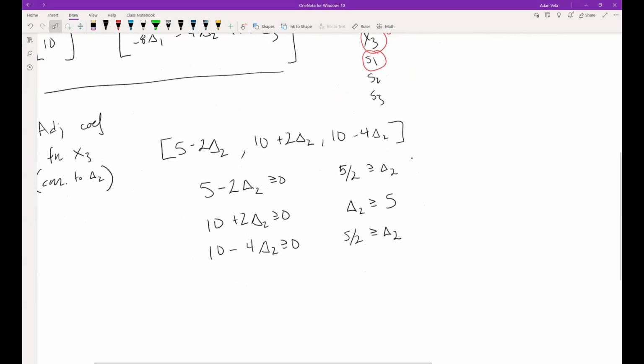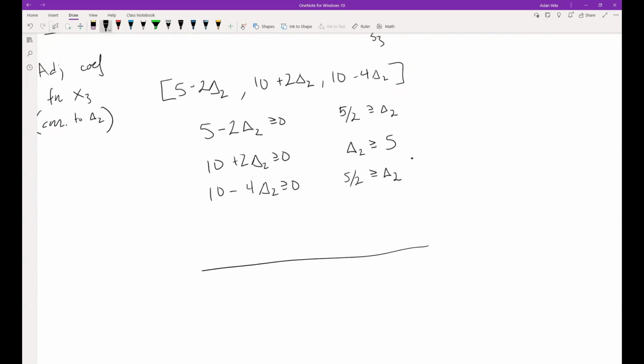So what we can do is draw this on a number line. All right, so we have 5/2 here. We'll put 0 there and, oops, that should be a negative, -5 there. All right, so we know delta 2 has to be greater than -5, but not only that, delta 2 has to be less than 5/2.